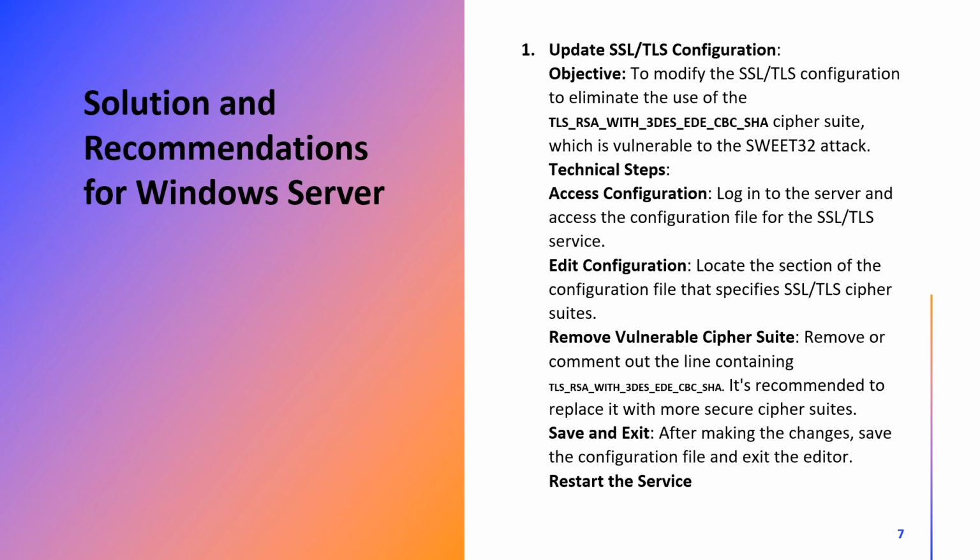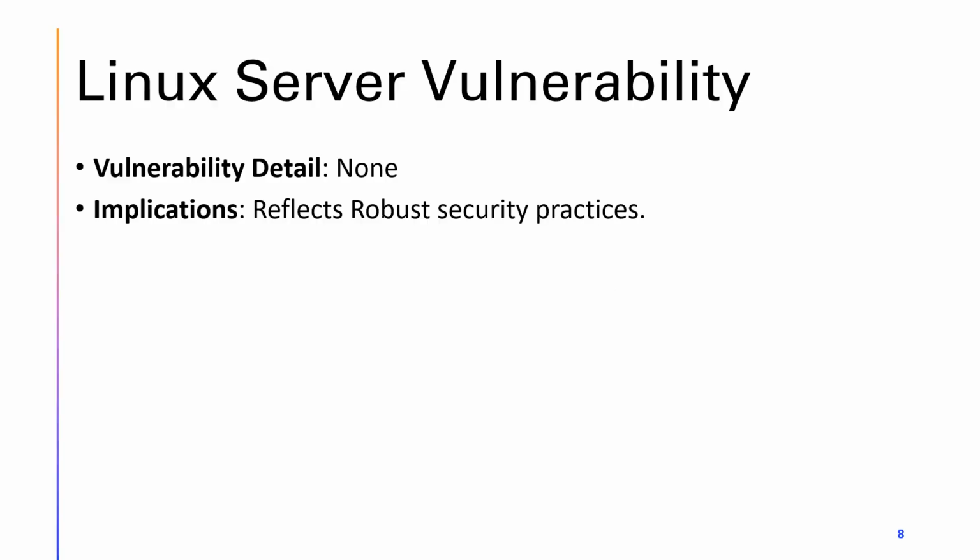After making the changes, save the configuration file and exit the editor. Now, this is very important because it allows us to make some changes in there. So make sure that you're able to follow this, and of course there are multiple ways to do that. So we'll go back over those towards the end, so that we can focus on those.